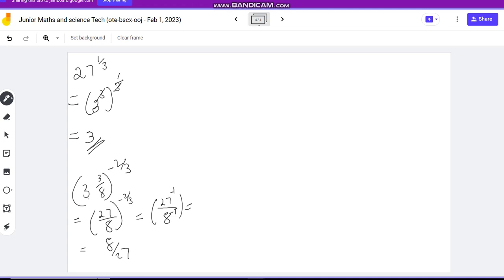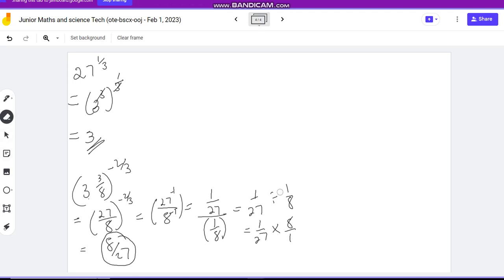This is the same as 1 over 27 divided by 1 over 8, which will just give you 1 over 27 multiplied by 8 over 1. That's why you're having this. Okay, so that's it.